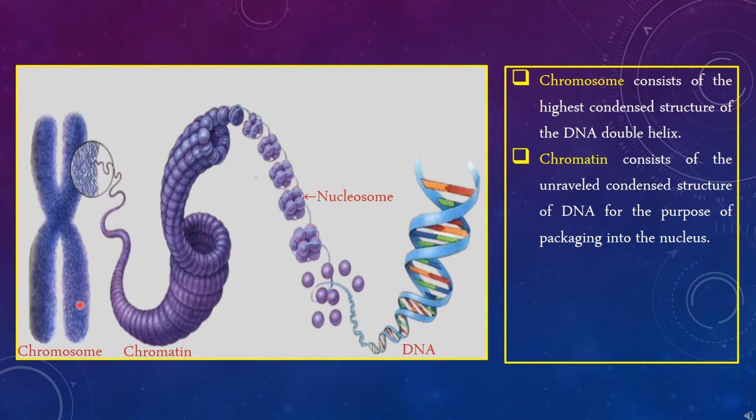Mind it, in a chromosome you get the highest condensed structure of the DNA double helix, but in chromatin, you get the unraveled condensed structure of DNA. And why does this DNA remain unraveled in chromatin? Because this chromatin has to fit inside the nucleus, and this one is DNA.